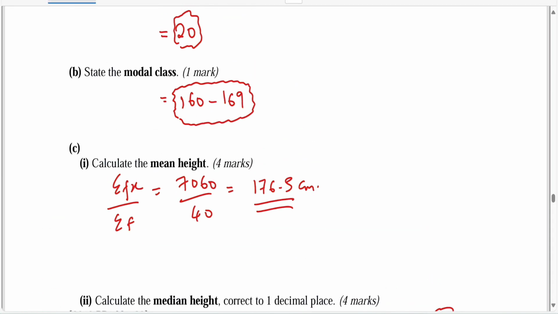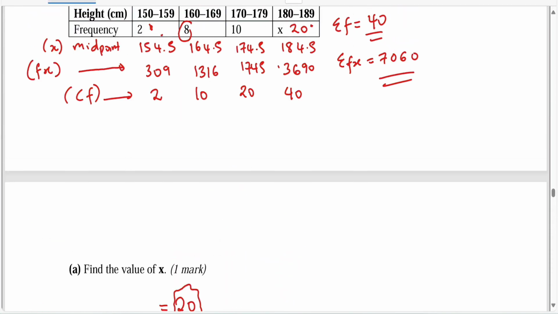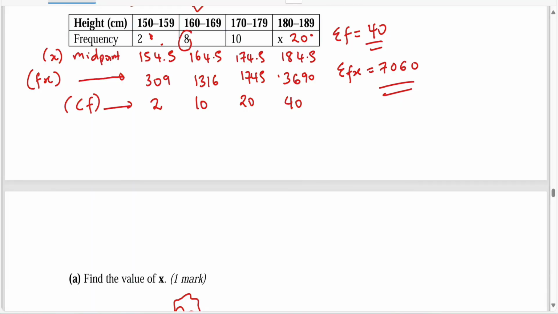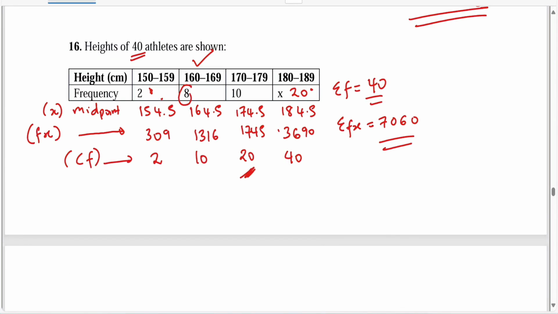So that 20 that you got, you search it in the cumulative frequency. So 20 sini hii hapa, tayari tuko na 20. So our 20 is this one. Your median tayari ushapata. Since 20 is at the same spot, hakuna minus cumulative frequency hapa wala nini.